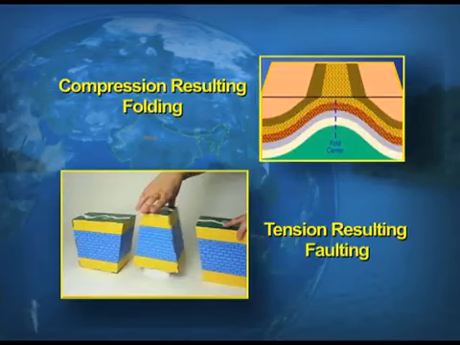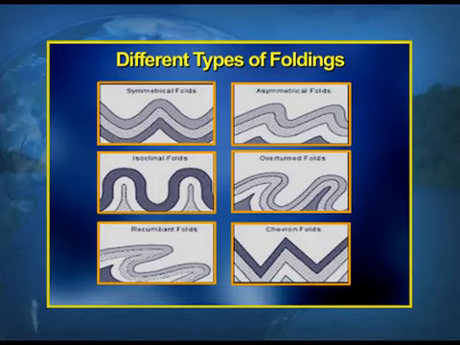And if we talk about tension, which is a vertical movement, the diagram shows you how faulting takes place with the help of tension. These various figures show the different types of foldings, which are the result of compression.